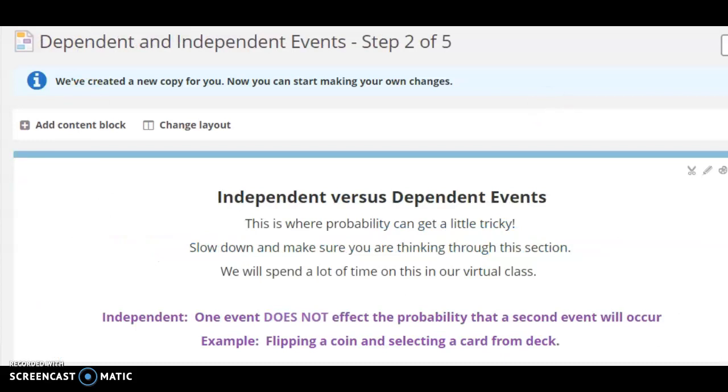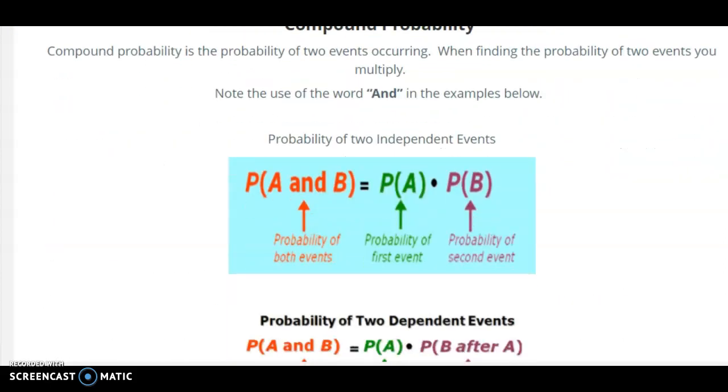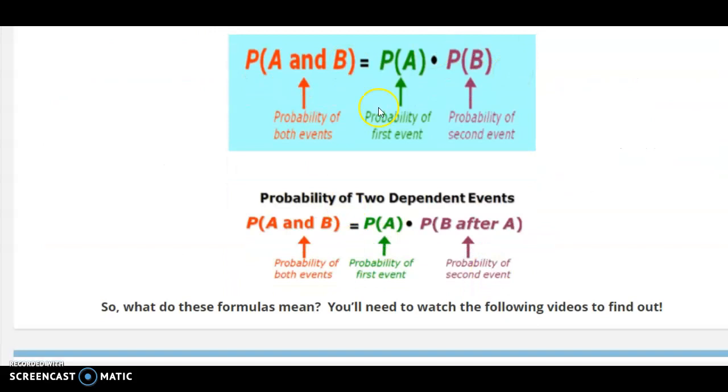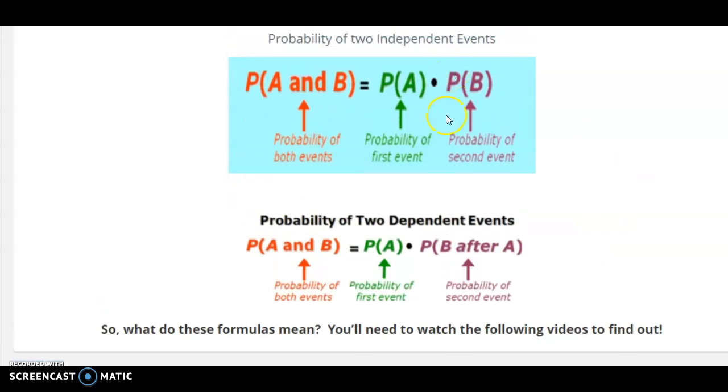Okay, step 2 is dependent and independent events. So this is where it definitely gets a little bit tricky. Read through the notes here. Look at the different calculations that we'll be using for independent and dependent events. You'll notice that these 2 equations are a little bit different.